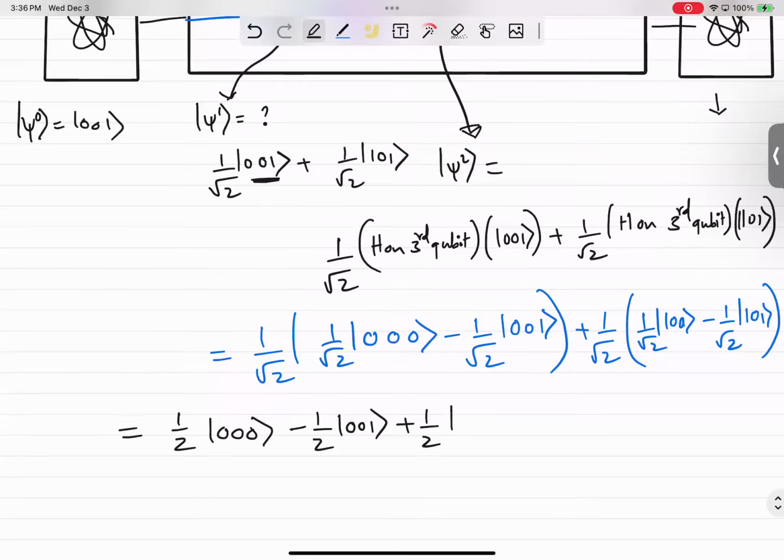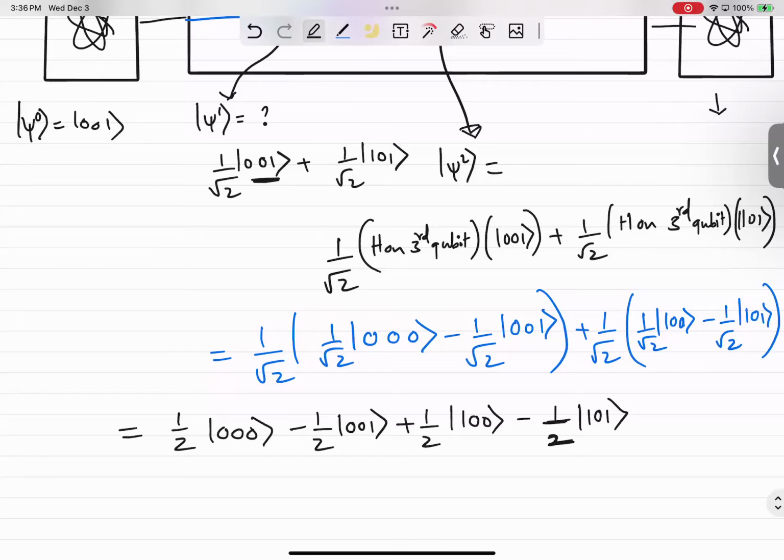Okay, so and as I said, Hadamard is probably the most important quantum gate. If I don't have it, if I just have CNOTs, you get no power really, because basis states will only go to basis states. Hadamard is the one which mixes things.